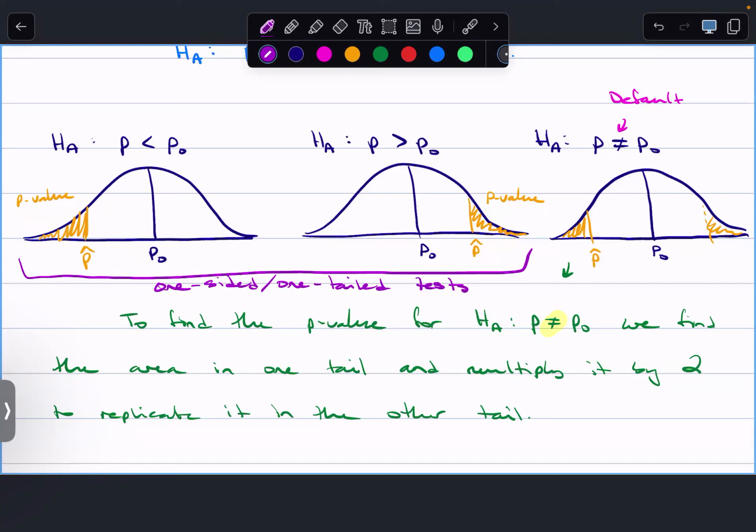Because you're only interested in one of the tails, one of the extremes. Whereas this is called a two-sided or a two-tailed test. I use them interchangeably, just depending on what sounds better. Right, it's a hypothesis test, but this two-sided test is the default.